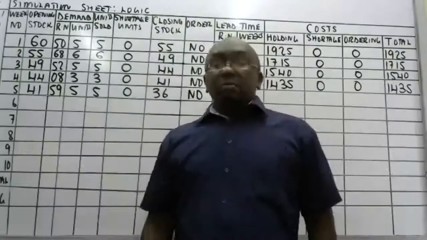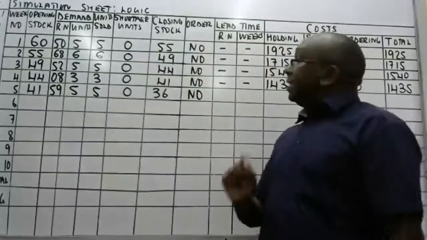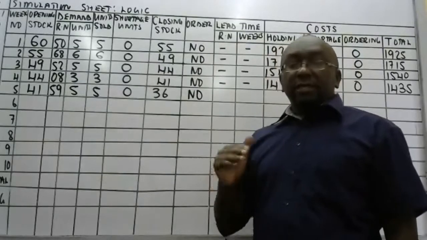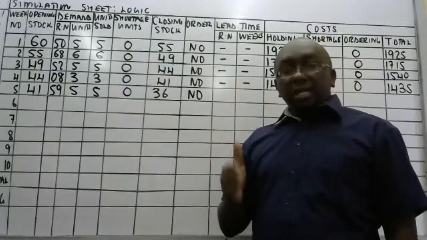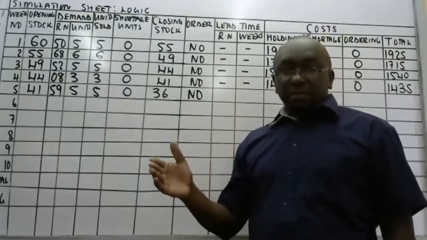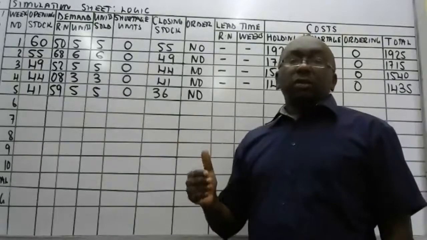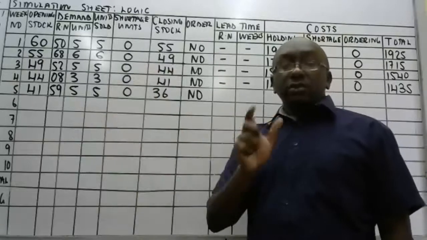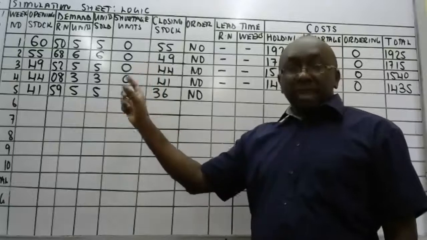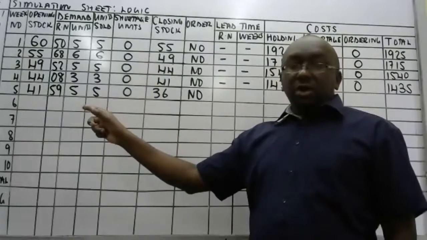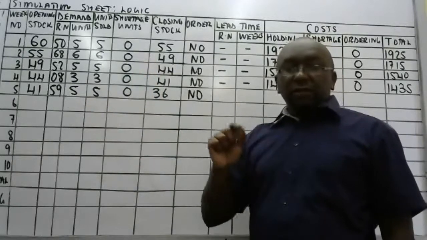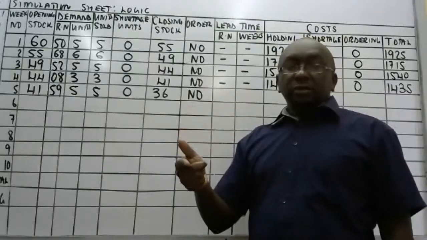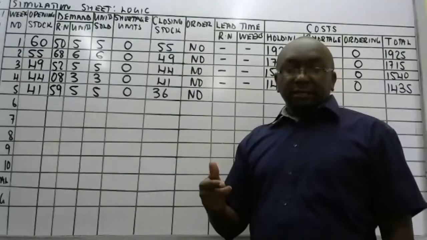Why? Because the time when you come to notice your closing stock is in the evening when already you have closed your shop. Actually, that's why it's called closing stock. Once you have closed your shop, that is when you know how many units have remained. So if you already have closed, even those who sell to you, they also have closed. And you don't place orders at night.